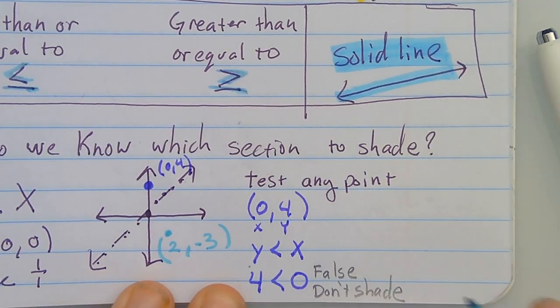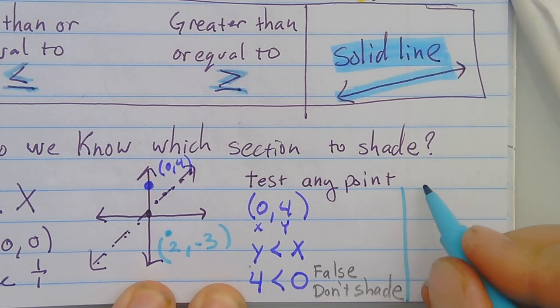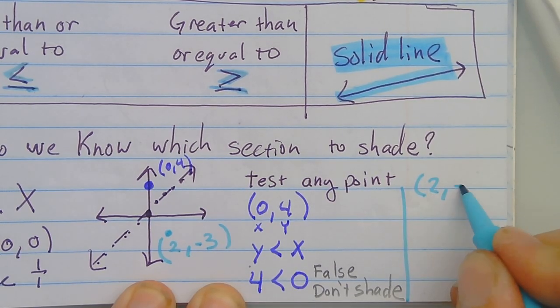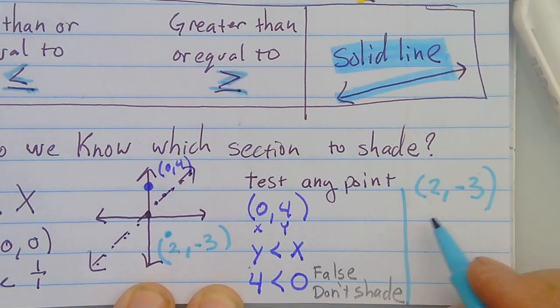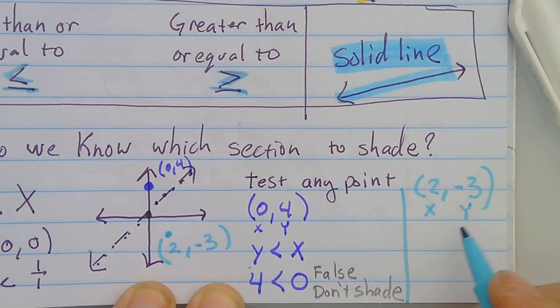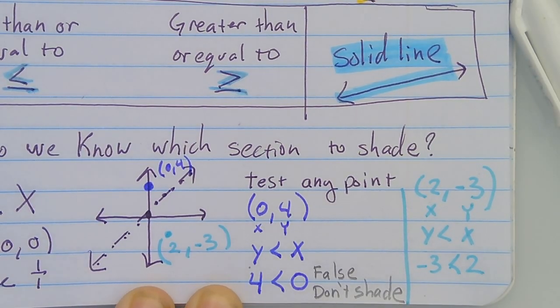So if I wanted to test a second point, because I really need an A on this test, otherwise my parents are going to kill me, then here I go. X, Y, is y less than x? Is -3 less than 2? Is that a true statement? Yes, -3 is absolutely less than 2.